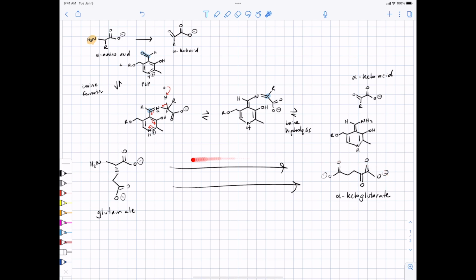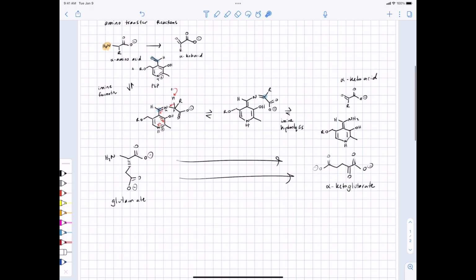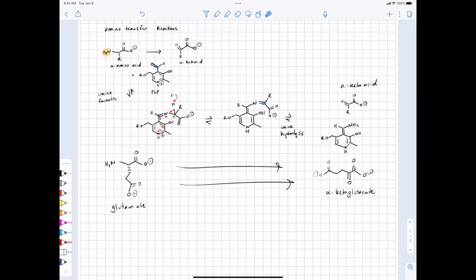This equilibrium is also used to transport glutamate from one place to another, by converting on one side of a membrane, I think in mitochondria, from glutamate to alpha ketoglutarate, then letting, I think, the pyridoxylamine diffuse through a membrane, and then on the other side putting the amine back. I don't know. A lot of different things, but it's kind of cool proton transfer and imine chemistry that gives you the ability to move amino groups around.